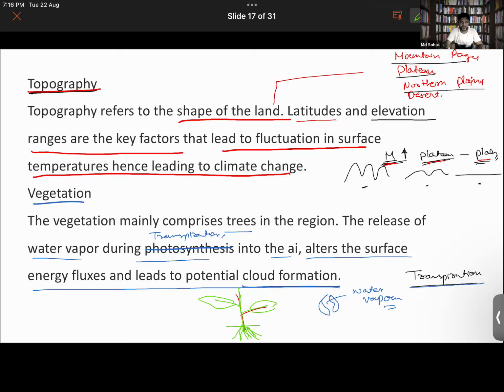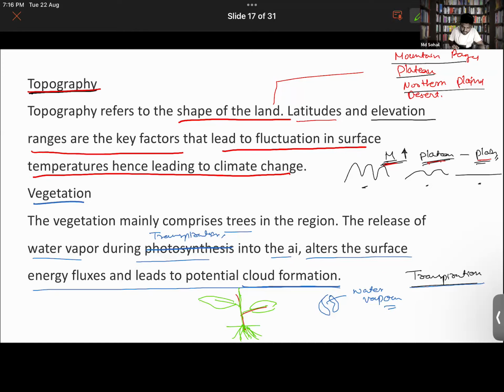Basically the body starts to sweat. So if you are sweating and you are sitting under the fan, you will feel cool. So sweating in humans helps to keep the body cool. In the same manner, sweating takes place in the case of plants also. But how do they sweat? We don't see it.